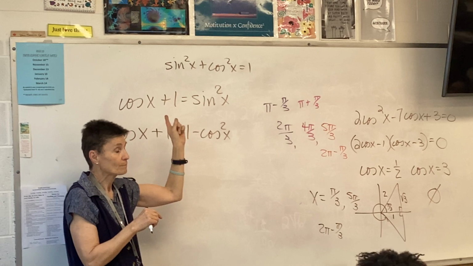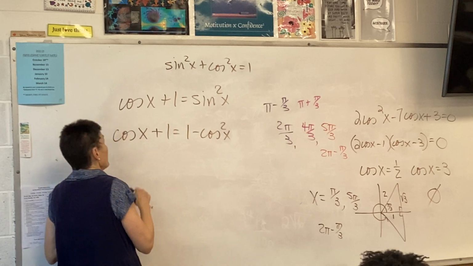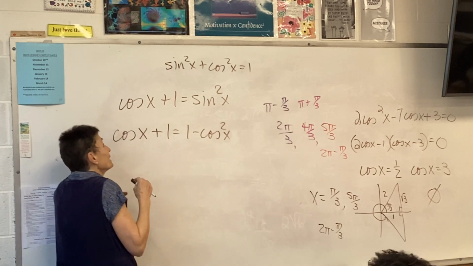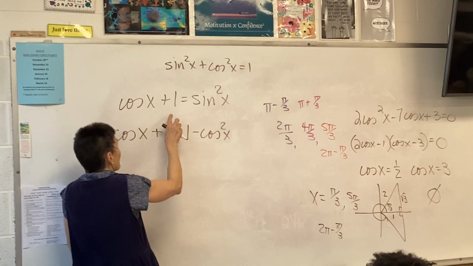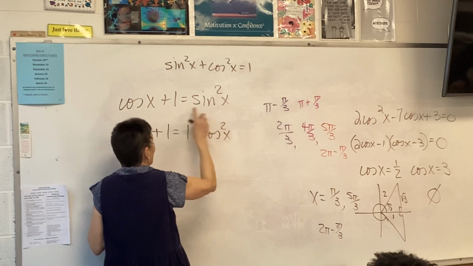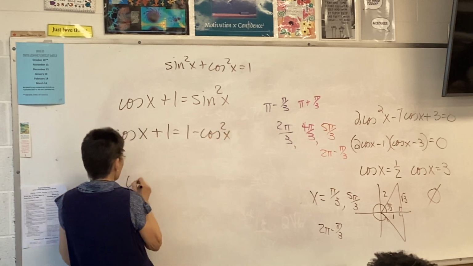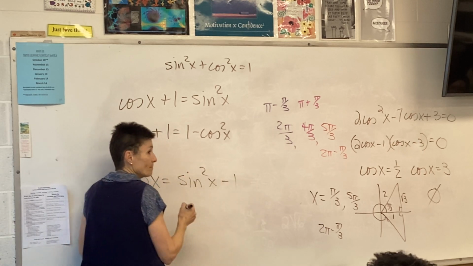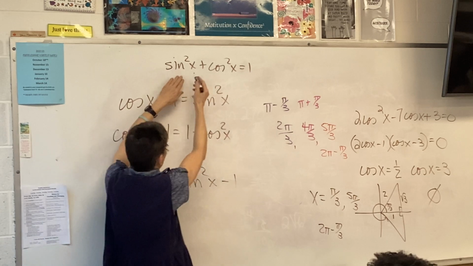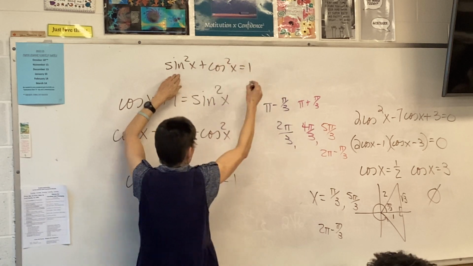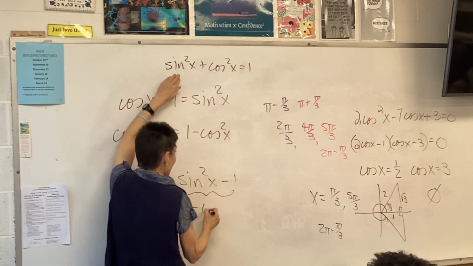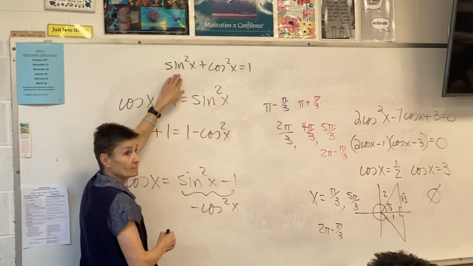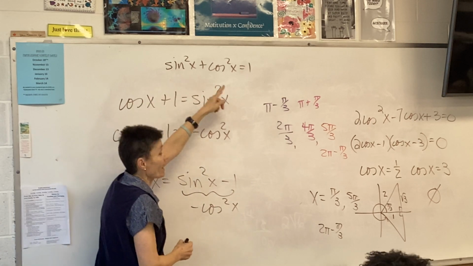Okay? All right. Now, just to back up a minute, Finley said, I would rather subtract the 1 over here. So I had cosine equals sine squared minus 1. And then sine squared minus 1 would be negative cosine squared. Manipulate that.